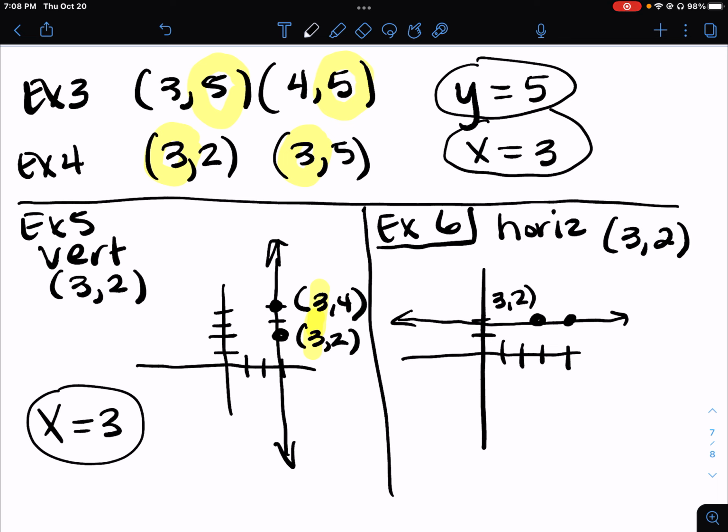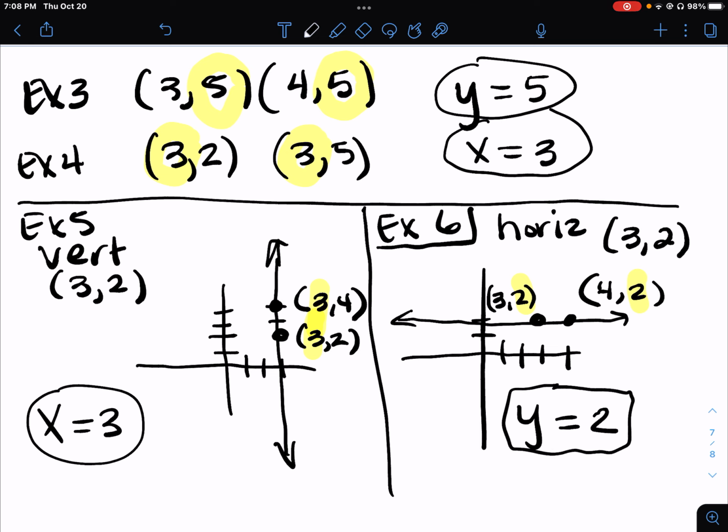Okay, so our first one was 3, 2. The one right beside it would be 4, 2 because it's right 4 up 2. So we can see here that all those points have 2 in the y. So y equals 2 is that answer. And that's the end of the lesson.